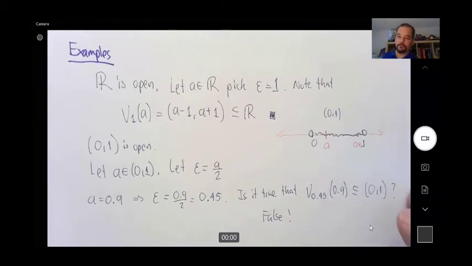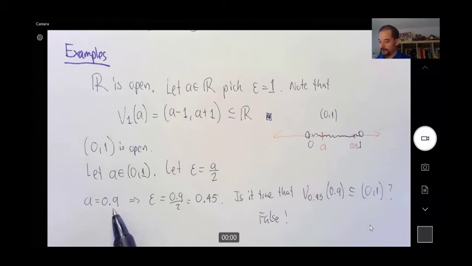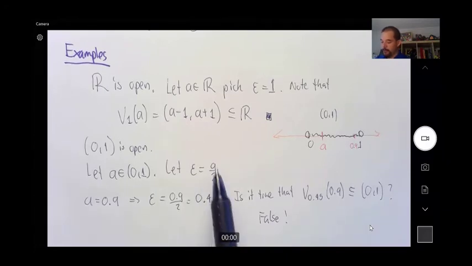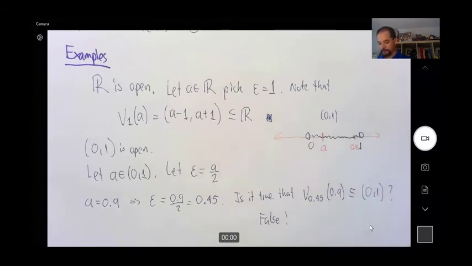You're almost right. See, I picked a number to throw you off, right? I picked 0.9, but if I had chosen 0.3, it would have worked, or 0.4, right? So why did you pick A over 2? That's the better question. Why did you pick A over 2?